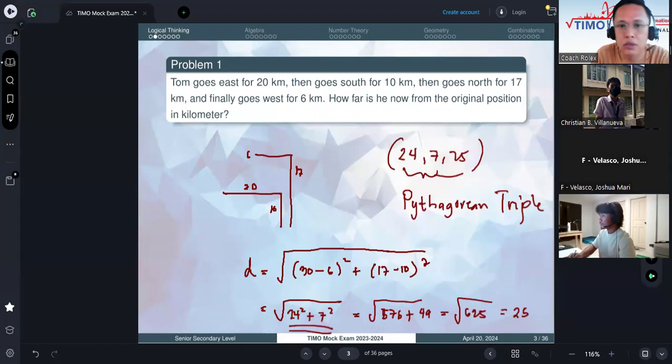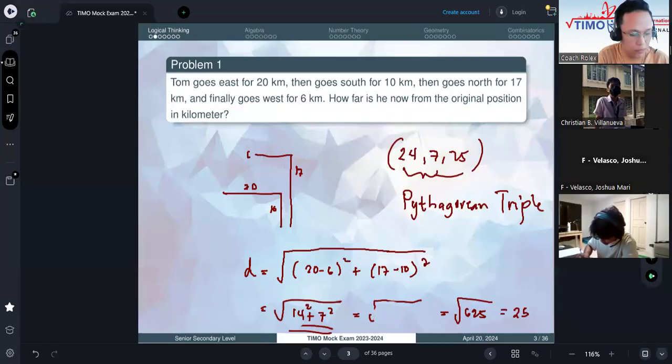So let's try the 20. If this is 20, this will be 14. So we have 14 squared plus 49.